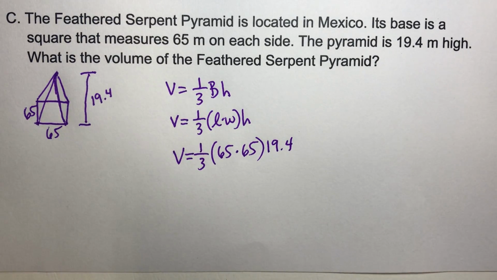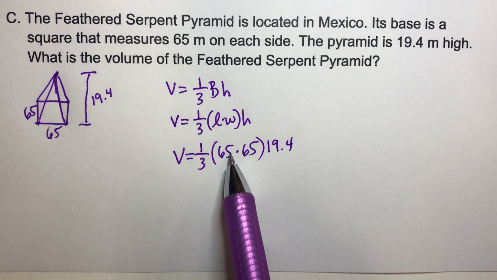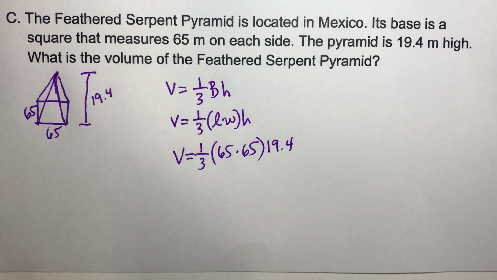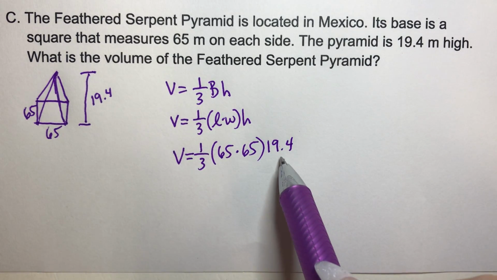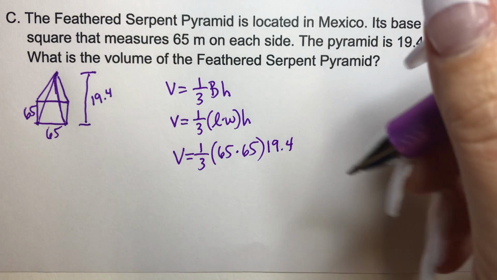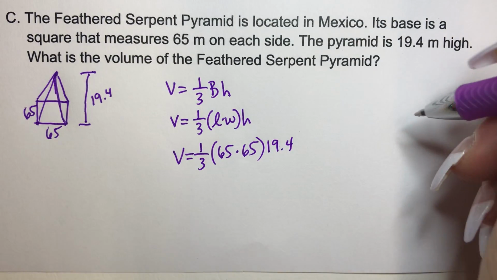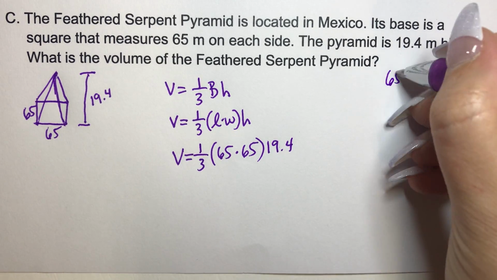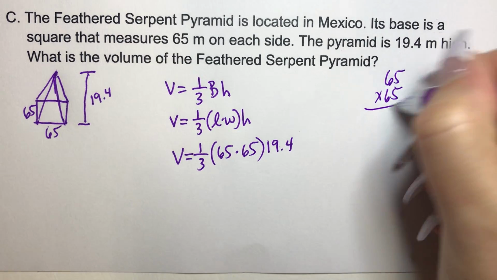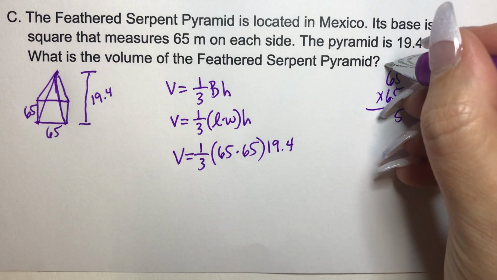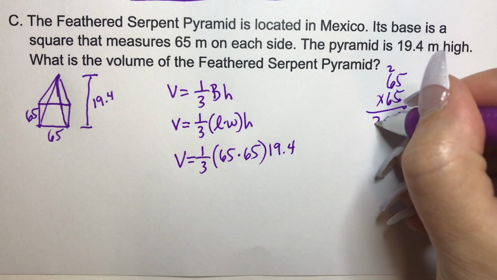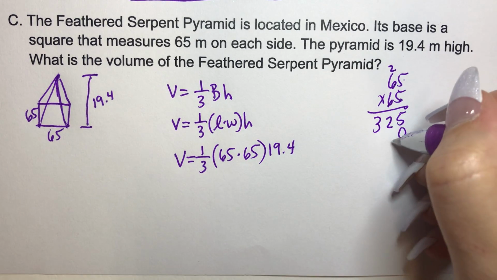Okay, I don't see that any of these are just outright divisible by 3. 6 plus 5 is 11, and 11 isn't divisible by 3. And that doesn't look like it is either. So I'm just going to start by figuring out what 65 times 65 is. 5 times 5 is 25. 6 times 5 is 30, plus 2 is 32. 6 times 5 is 30.